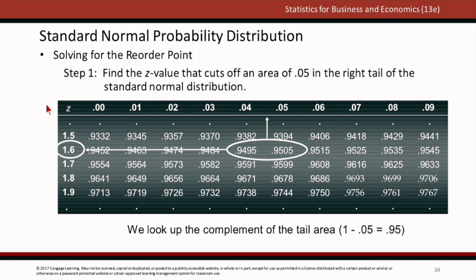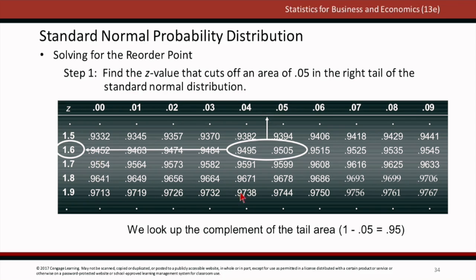So again, this is a portion of the standard normal table. Remember I told you, in the first column we have the integral part and the first decimal place, and in the top row the second decimal place of the z-score.